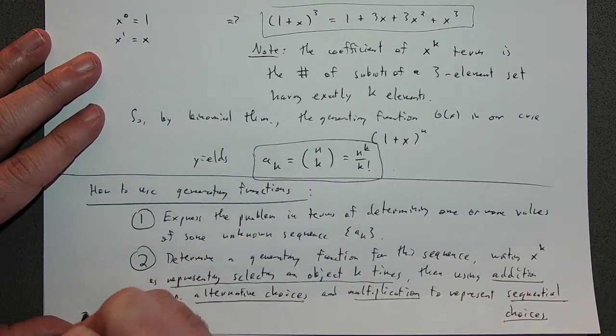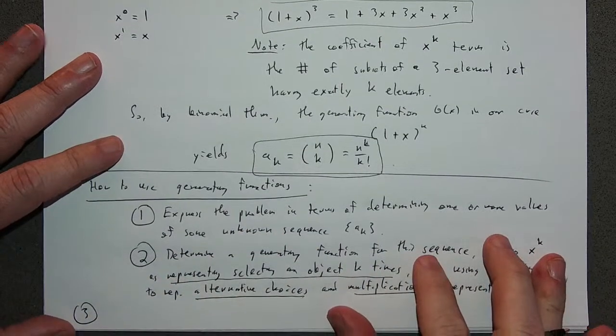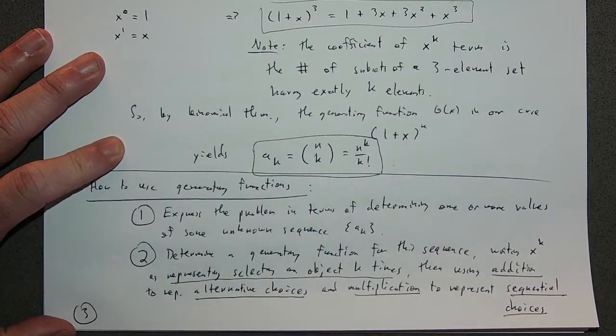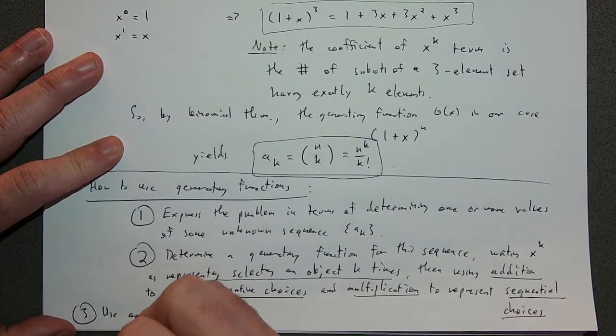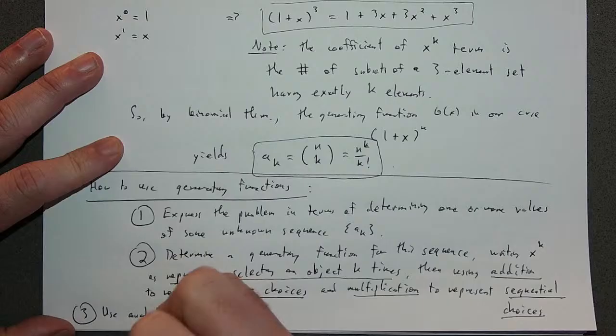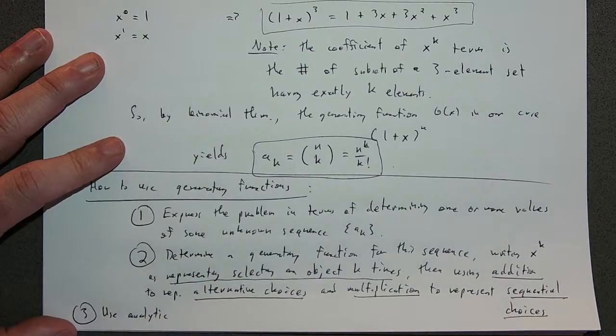There is a third and final step, which is using analytic or algebraic methods to expand the generating function and determine the values of the sequence. So use analytic here. This could just mean doing the algebra of expanding the thing.